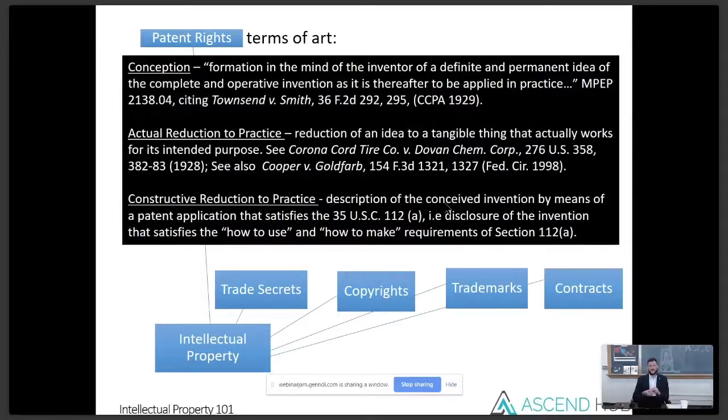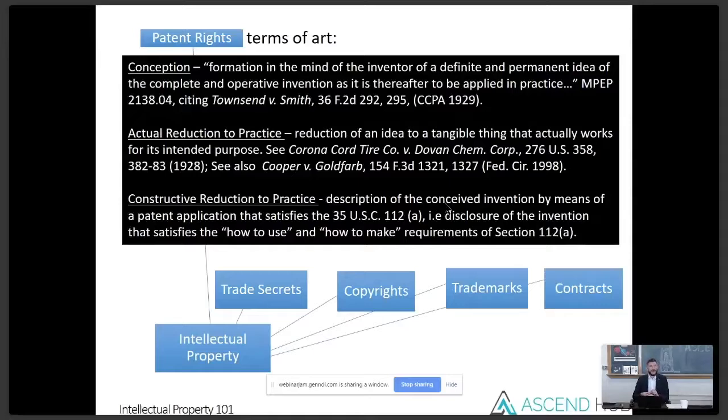So this allows for provisional patent applications to be validly obtained and validly issued by the Patent Office. Prior to constructive reduction to practice, provisional patent applications would not have had a home in the US, or would not have gotten blessing from the USPTO because they were not actually reduced to practice.